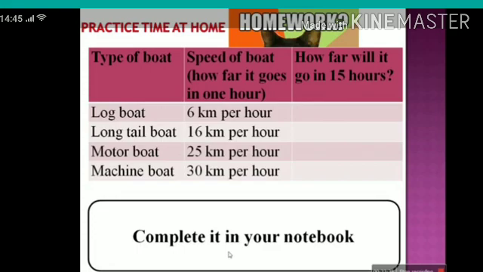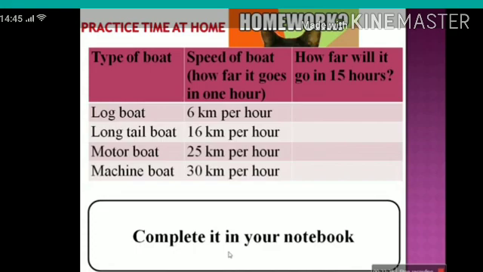Correct? So 1 hour speed is given in the problem. You need to find out how far. How far means what is the distance travelled. What is the total distance travelled in 15 hours. Okay. So there also you want to multiply by 15. What is the relation?